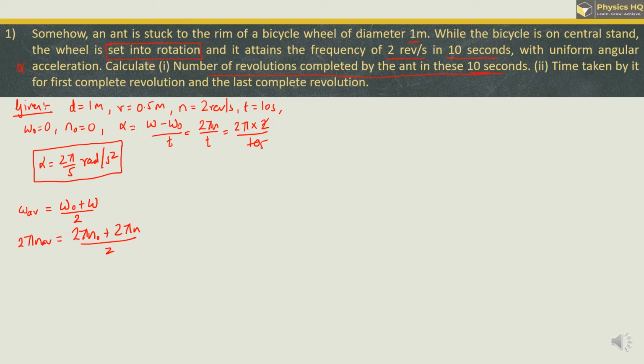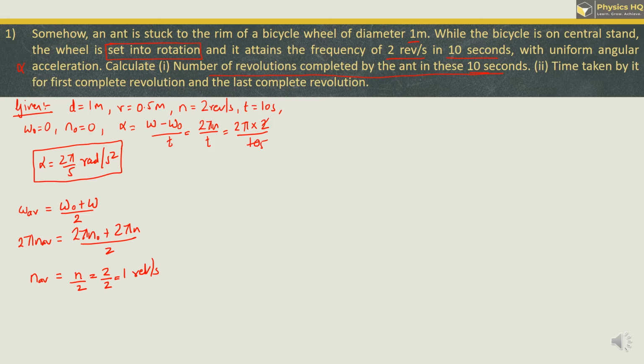We can take out 2 pi common on both sides and cancel it out. What we are left with is the average number of revolutions equal to n by 2, because n0 is already 0. So we get 2 by 2, which is equal to 1. So we have the average number of revolutions as 1 revolution per second.